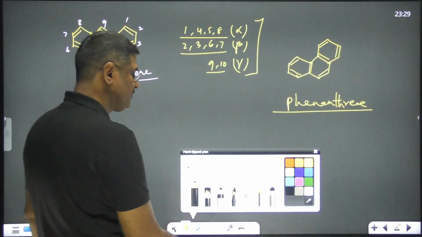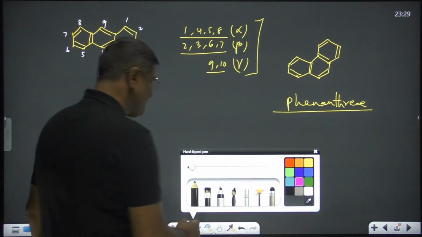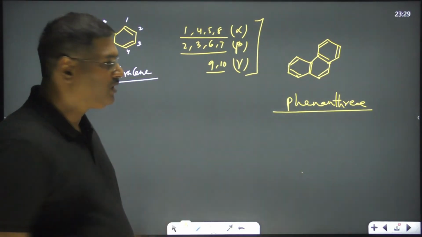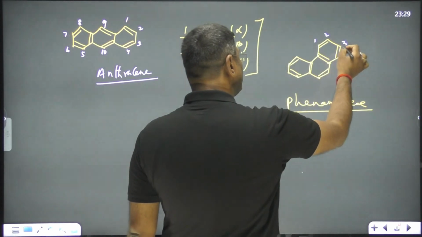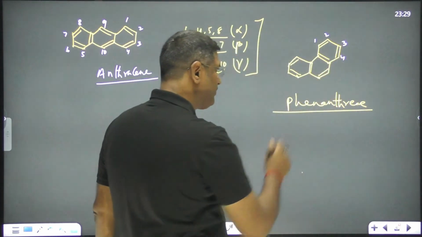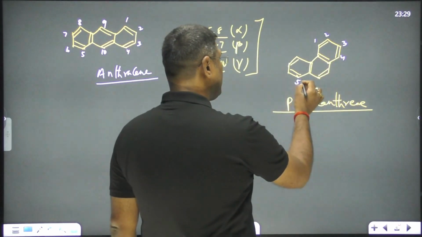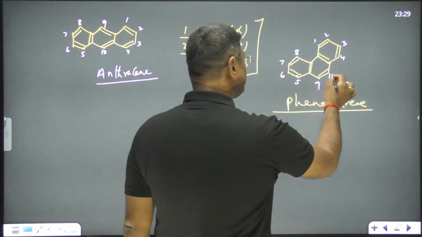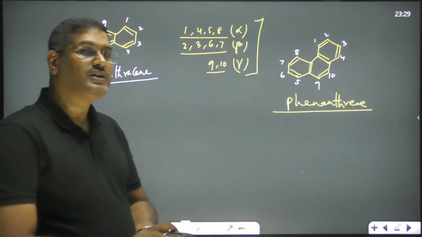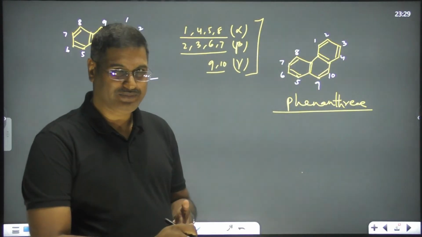You know, this also has one system of numbering: this is called 1, this one 2, this one 3, this one 4. These two are not numbered. This one 5, this one 6, this one 7 and 8, this one 9, this one 10. This is the way these carbon atoms are numbered.